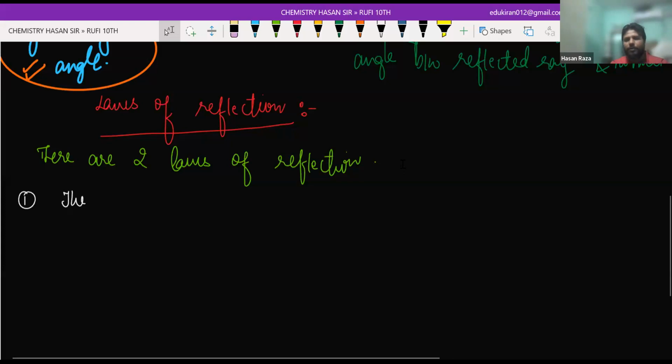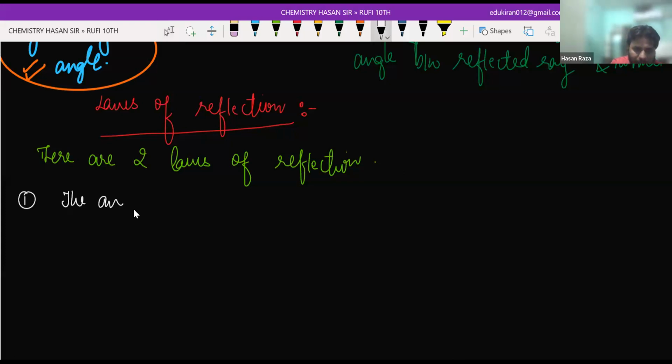Are you able to see the screen? Yeah. The angle of incidence is equal to the angle of reflection. This is the first law.